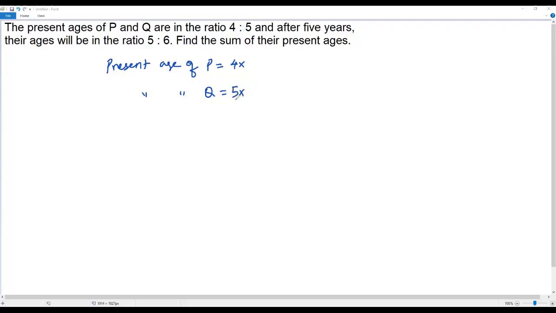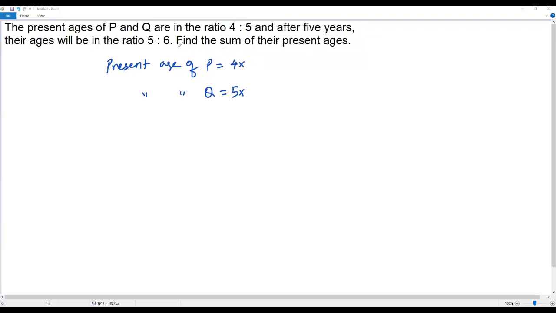So now I got the ages of P and Q, but here x is unknown. I have to find the value of x using the other information in the question. Once I get the value of x, I can multiply it by 4 to get the age of P, and by 5 to get the age of Q. Once I get the ages of P and Q, I can add them, and I can answer this question, that is the sum of the ages of P and Q.